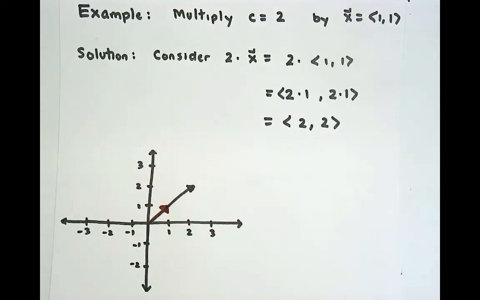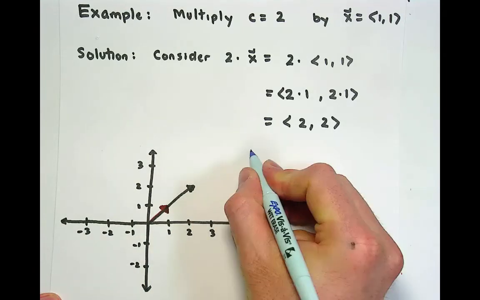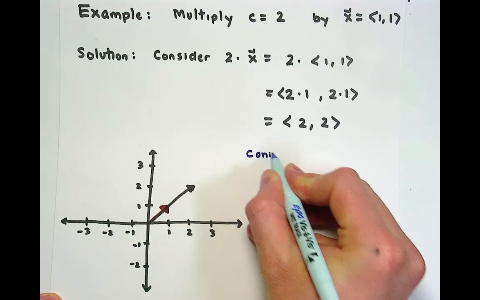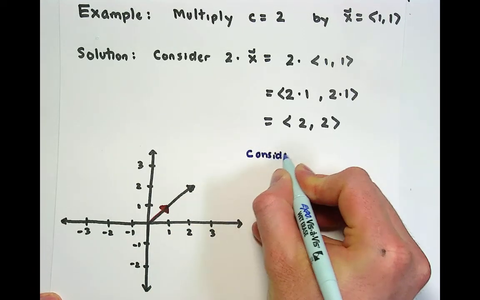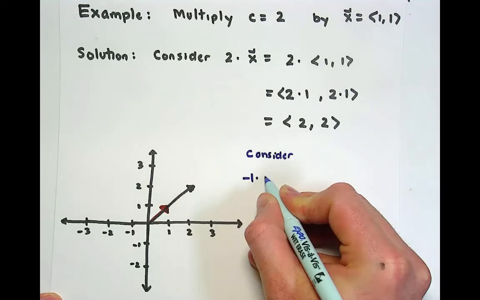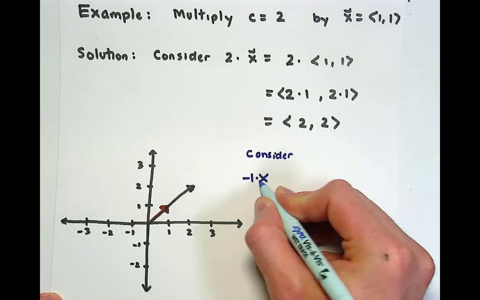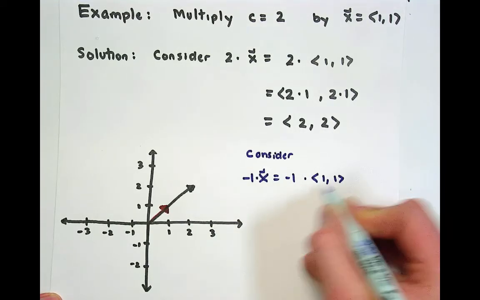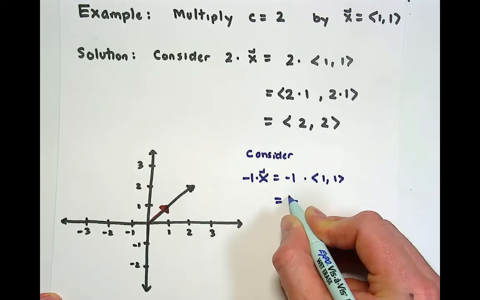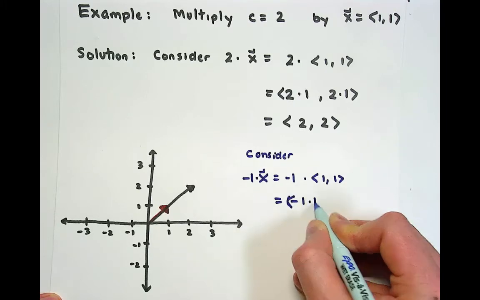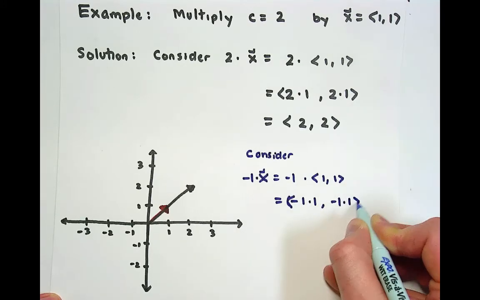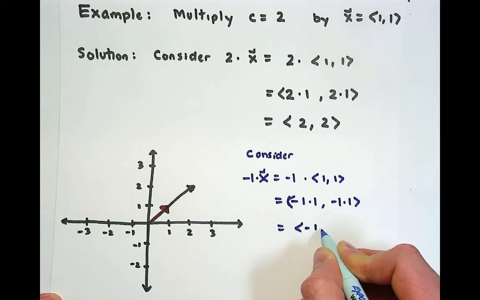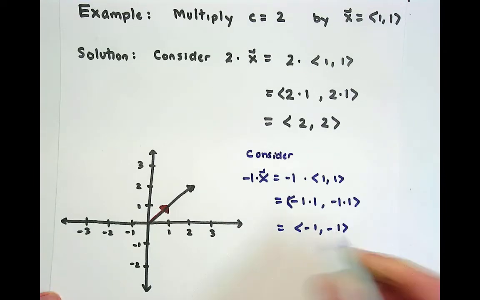And we might even look at, just for giggles, negative 1 times x, which would be negative 1 times 1 comma 1, which is negative 1 times 1, negative 1 times 1, which is just negative 1 comma negative 1.